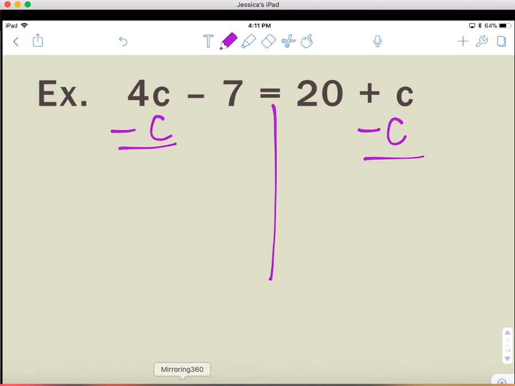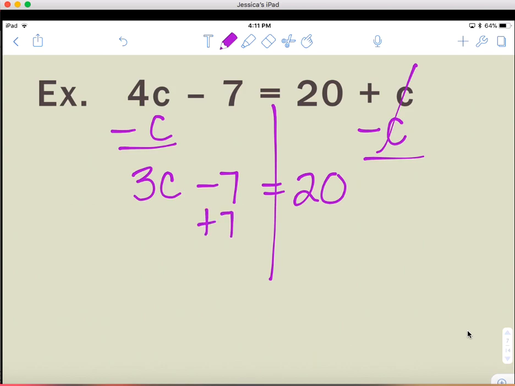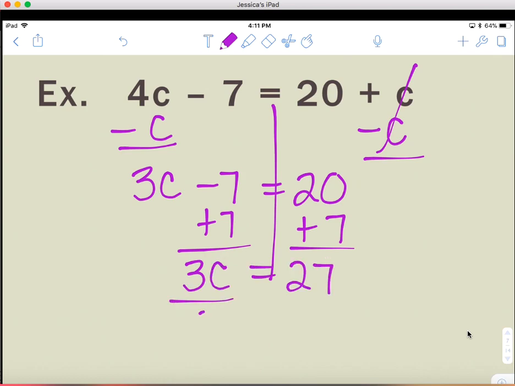When you do this, c cancels on the right, and 4c minus c is 3c on the left. I'm going to bring down the minus 7 and the 20, and now I'm back to my two-step equation. My first step is to add 7, and then I'm going to divide by 3, so c equals 9.